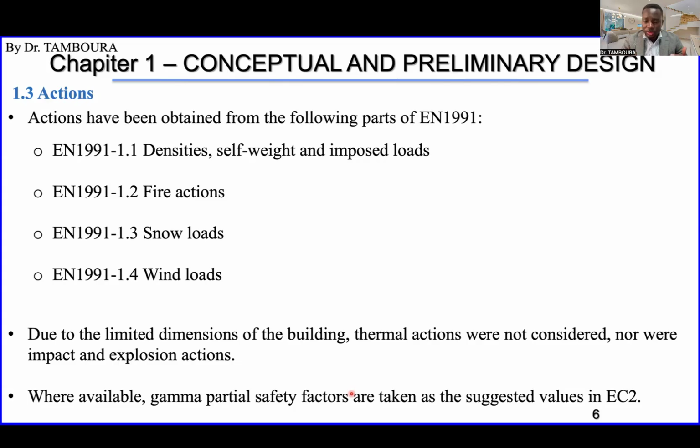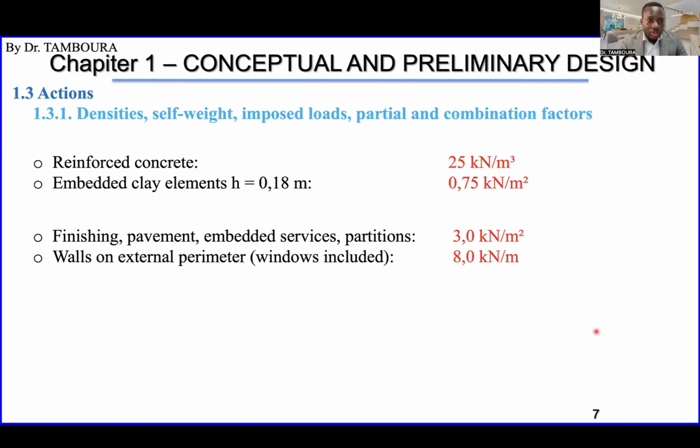These are the partial safety factors I'm talking about, okay? If the load has a certain value, you take that value and multiply it by the partial factor. So these partial factors are coming from Eurocode 2, okay? We need to know the value of the action, and these values of action are coming from Eurocode 1, but the partial factors are coming from Eurocode 2, okay?